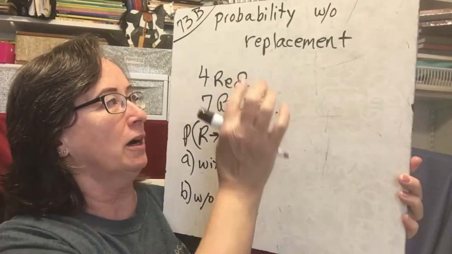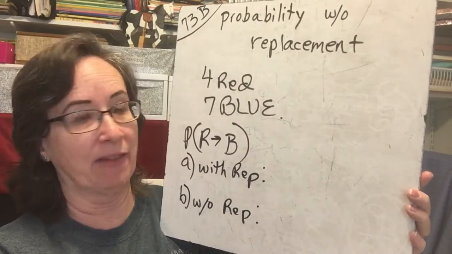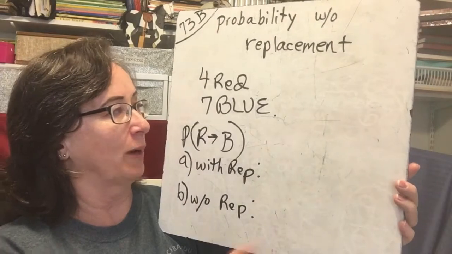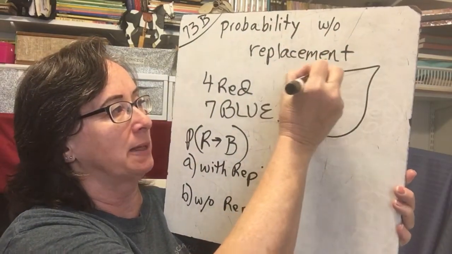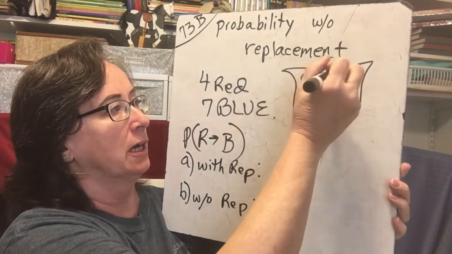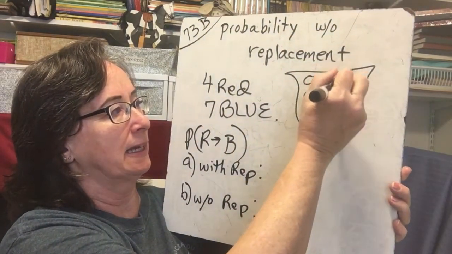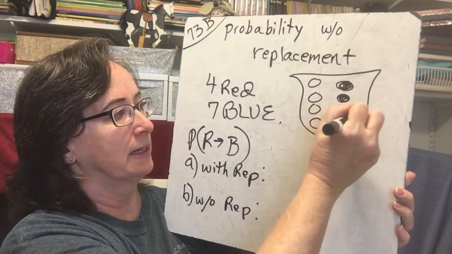We have 4 red marbles and 7 blue marbles in the urn. Okay, so if you like, you can draw the scenario, and maybe since I've got a black marker, I'll just indicate colored and not colored.